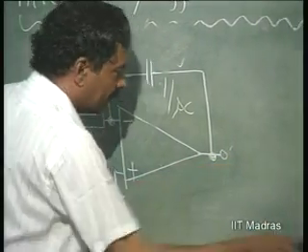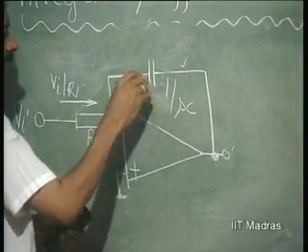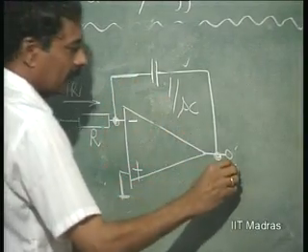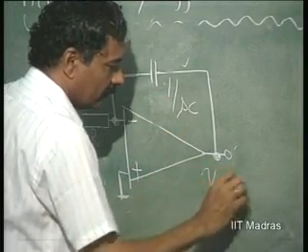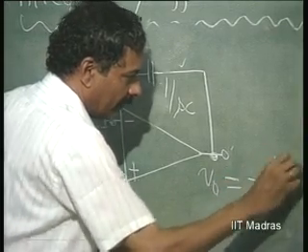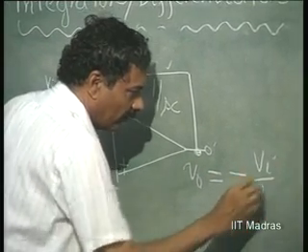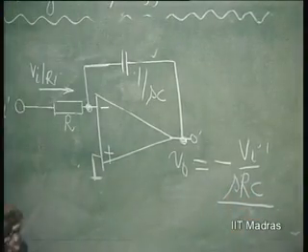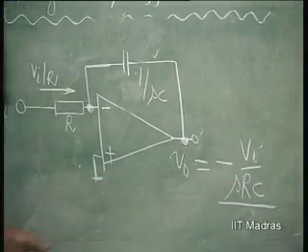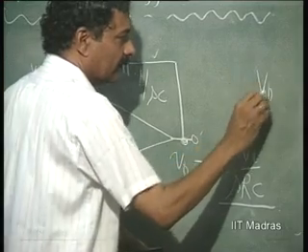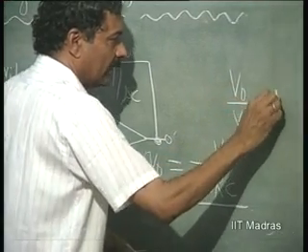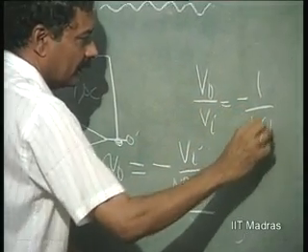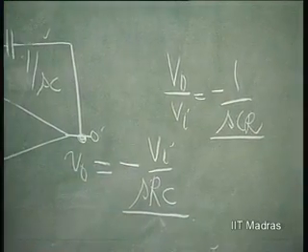The voltage here therefore, is going to be minus V I by R into 1 over S C. So, the transfer function V naught over V I is minus 1 over S C R. 1 over S means integration.